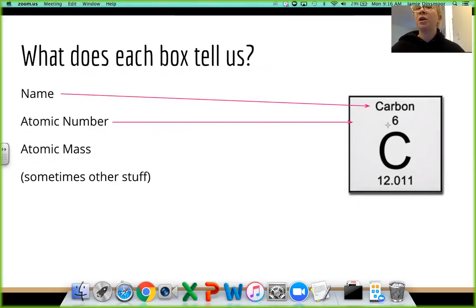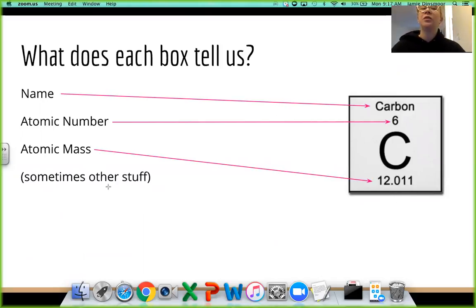Our atomic number is usually located on the top. Sometimes it's in the corner, sometimes it's right above the symbol. It depends on which periodic table you look at. Our atomic mass is always a decimal number. We're actually going to round it for our purposes, but it is a decimal.